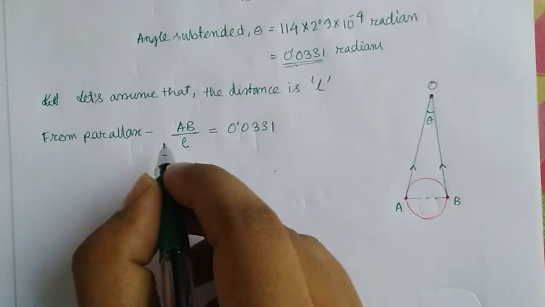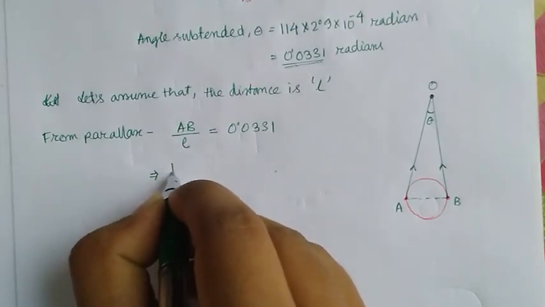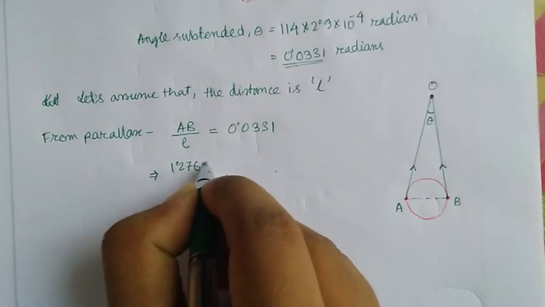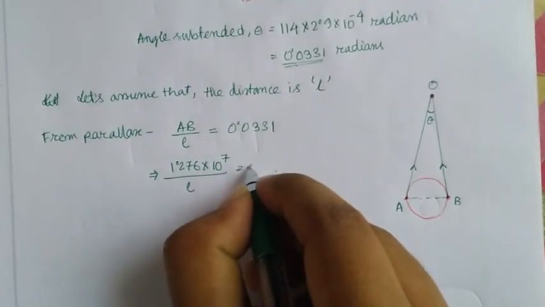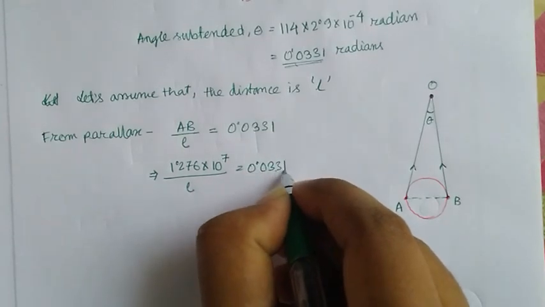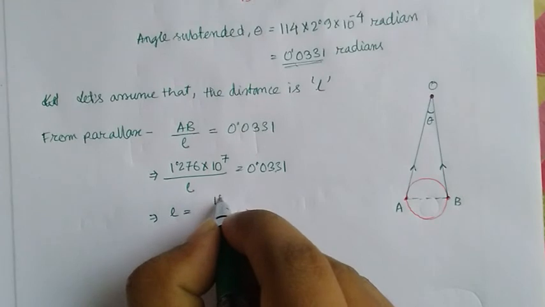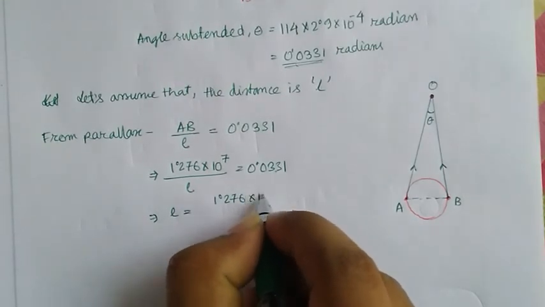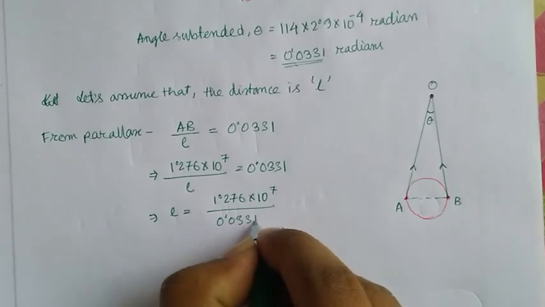Now the value of AB is 1.276 into 10 to the power 7, so 1.276 into 10 to the power 7 divided by L equal to 0.0331, which implies that L is equal to 1.276 into 10 to the power 7 divided by 0.0331.